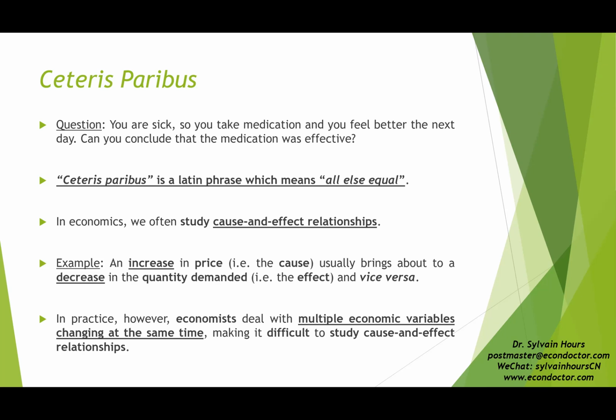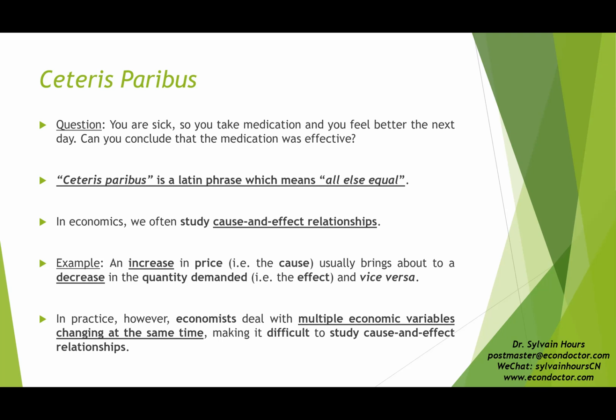So if you have several things changing at the same time, let's say the price of the good, the income, the price of the other good, the preference of consumers, and you see that the quantity demanded changes, how do you know if the change is caused by the price of the good, the price of other goods, or the change of income? You can't, because there are several factors changing at the same time.